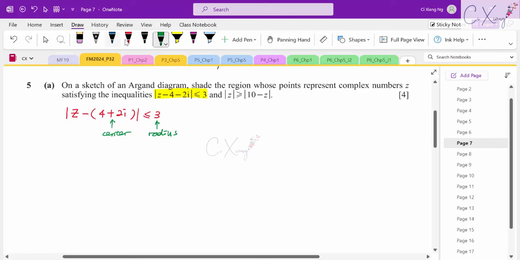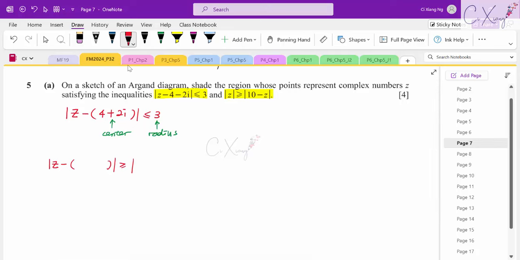Then how about the second inequality? Modulus z greater than or equal to 10 minus z. So modulus z again, I want to write it as modulus of z minus some complex number, greater than or equal to modulus of a complex number minus the z.